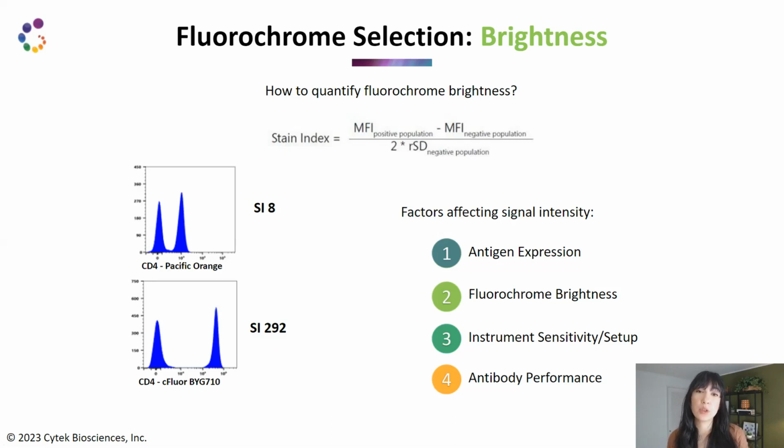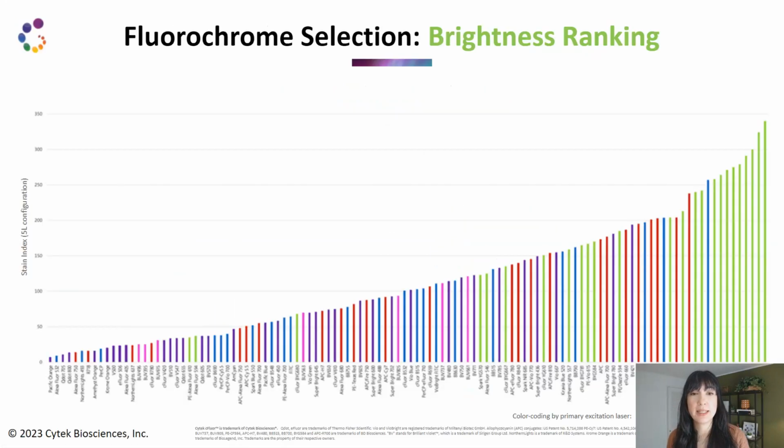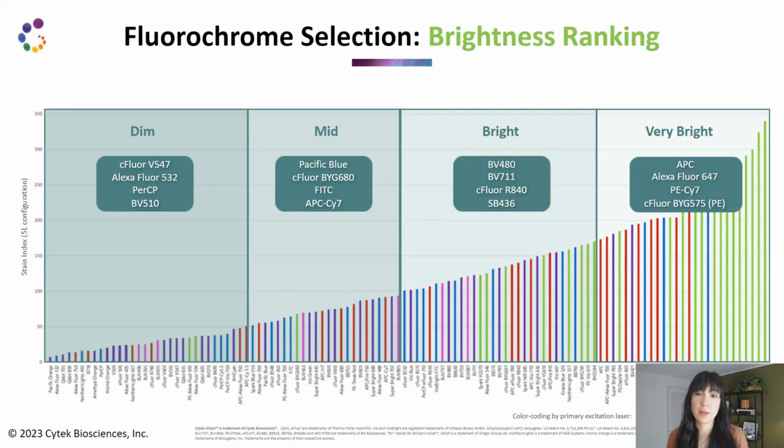So if you change any of these factors, it could impact what your ultimate signal intensity is. So in order to come up with a tool for panel design to figure out what is the brightness of the fluorochrome, we need to basically fix all of these factors and just change the fluorochrome brightness. And ultimately, that's how we came up with this tool, where we ranked over 100 fluorochromes on a 5-laser system. And so if you use this chart, it will basically tell you that if you're looking at a fluorochrome on the right side of the chart, then that is generally a very bright fluorochrome.